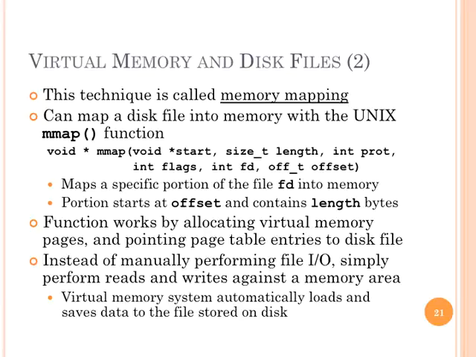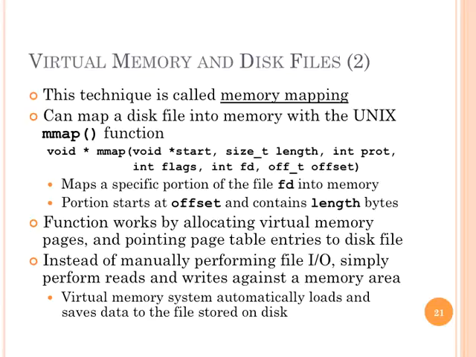This is called memory mapped I/O for a reason. You are mapping portions of the file into memory, and instead of doing reads and writes, or if you will, freads or fwrites or fscanfs and fprintfs, who's done that kind of stuff in C before? Fprintf, fscanf, that kind of stuff to interact with files. Instead, I'm just going to open up a window into the file, and now the file's contents are in memory.